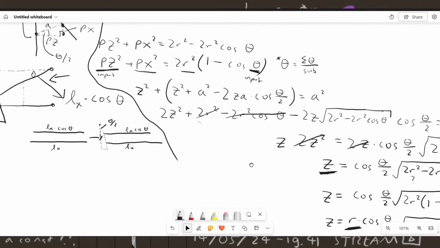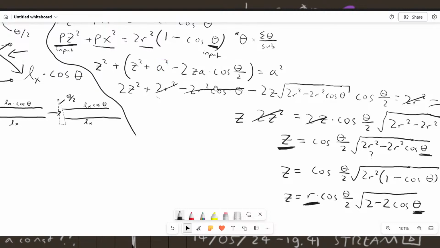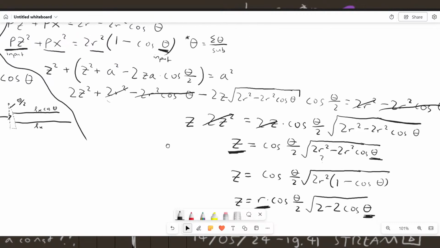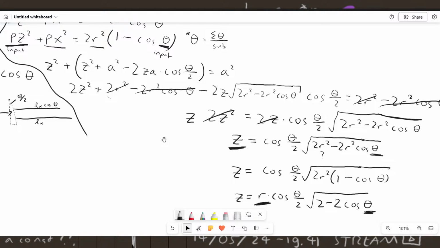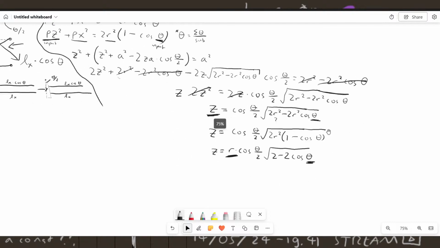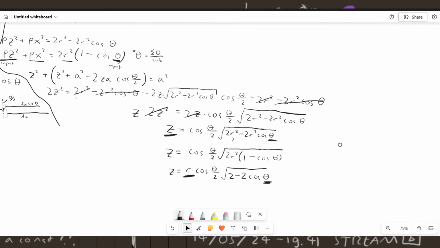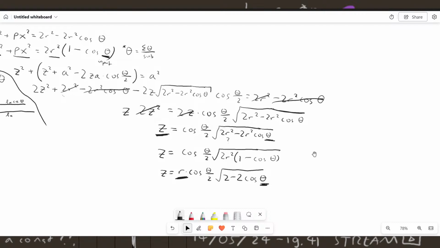But we still need to figure out the px. So px is just z plus that. Okay, so once we know this, we can finally know the px, right? So let's make a new section, somewhere in here.